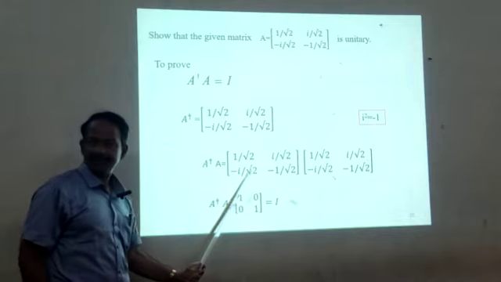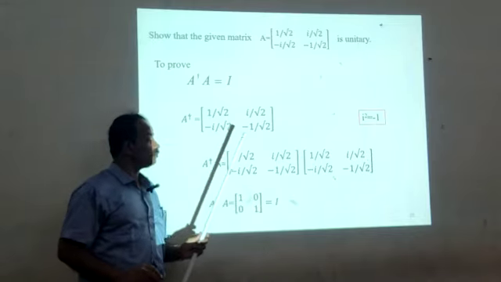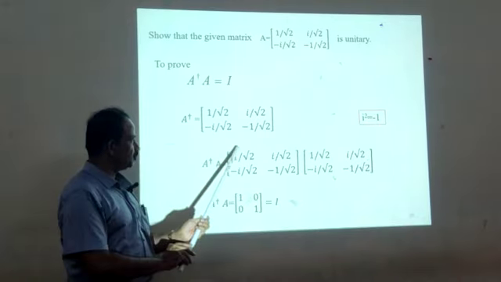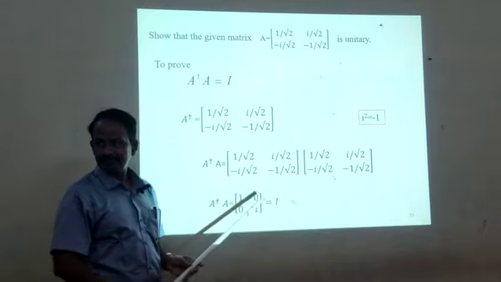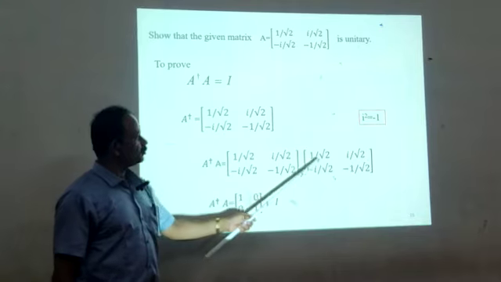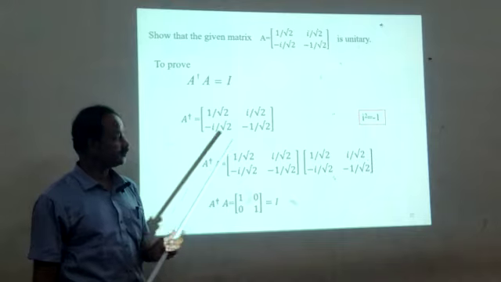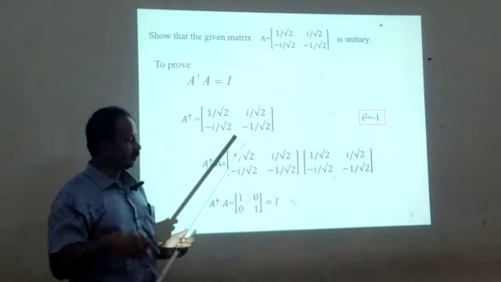So now A dagger multiplied by A. What is the rule for multiplication? This one multiplied by this one, correct? So this multiplied by this plus this multiplied by this. 1 by root 2 times 1 by root 2 is 1 by 2.